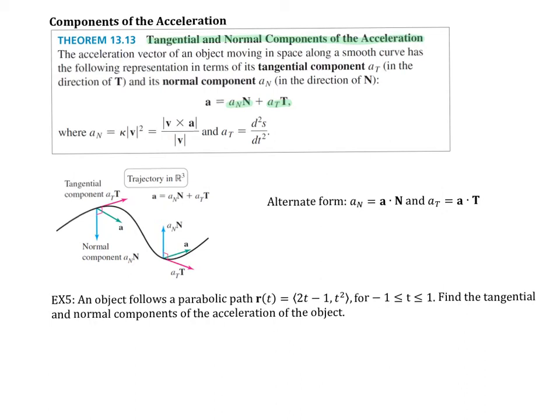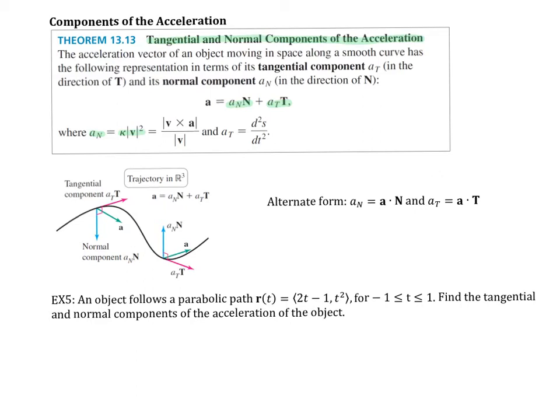So there is a formula, as always. It may not be easy to use. The goal is to find your normal and tangent vectors, but also this a sub n, a sub t, the coefficients on those vectors. To compute a sub n, it's the curvature times the magnitude of the velocity squared.